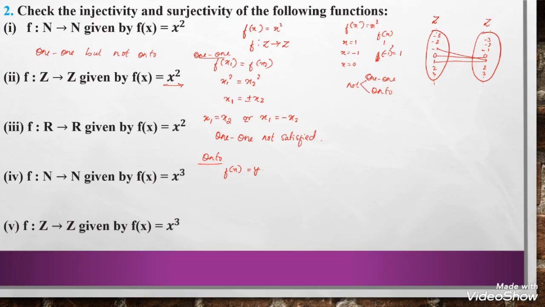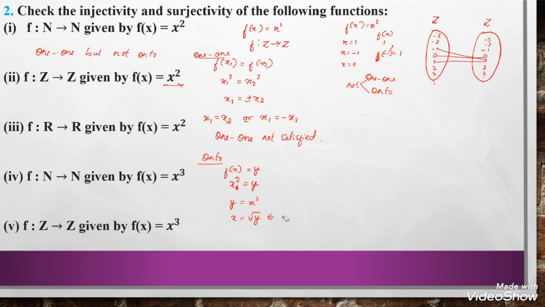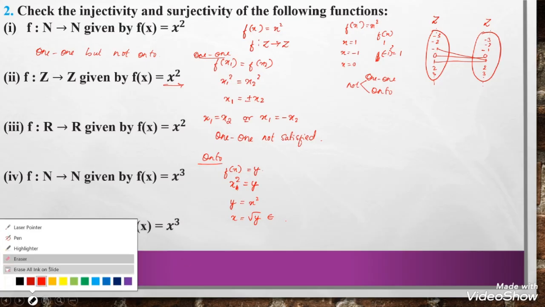Then f of x is x square, so y is equal to x square. We want the value of x, which is root y. Root y does not belong to the integers, root y is not an element of the integer. So it is not onto.